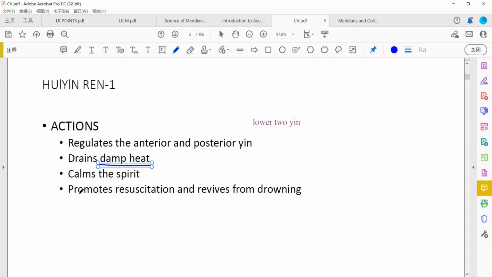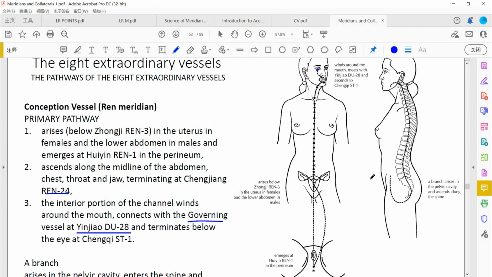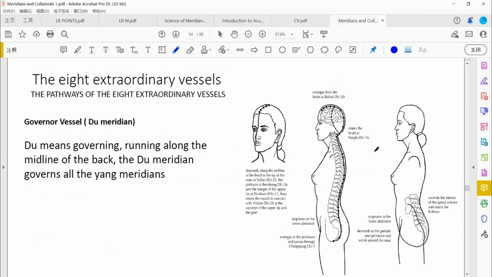And calms the spirit. Where is calm the spirit? See, the meridian. It's good for mental disorders. First, it connects with the GV. We will see the GV meridian goes into the brain, right?